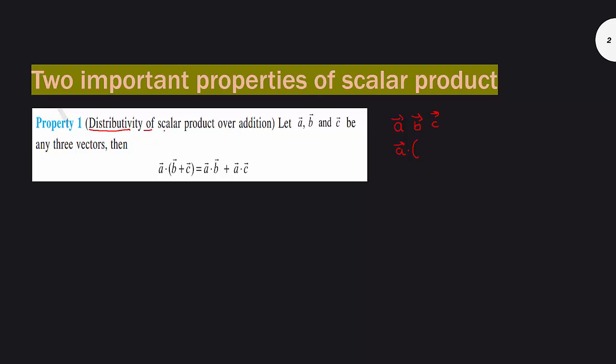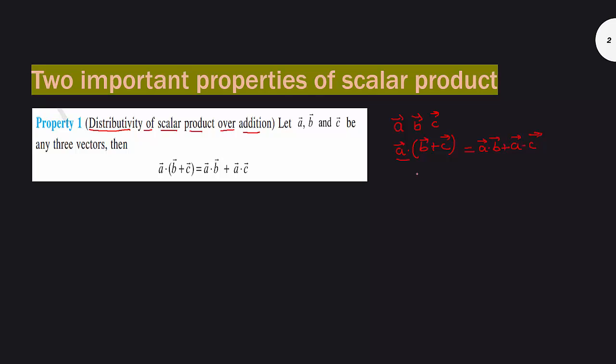Scalar is distributive over addition of two vectors, that is vector B plus vector C. So distribution means A is going to distribute over B and C with addition, that is vector A dot vector B plus vector A dot vector C.